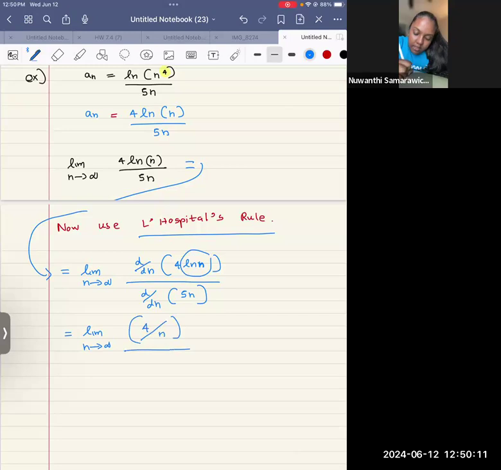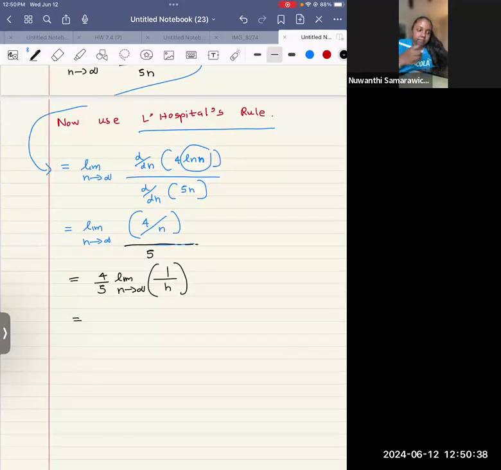Good, I see many correct answers. Then the differentiation of the denominator is just 5 because the differentiation of n is just 1. Then we can take the constant out, that is 4 over 5, limit as n approaches infinity of 1 over n. So what is the answer here now?